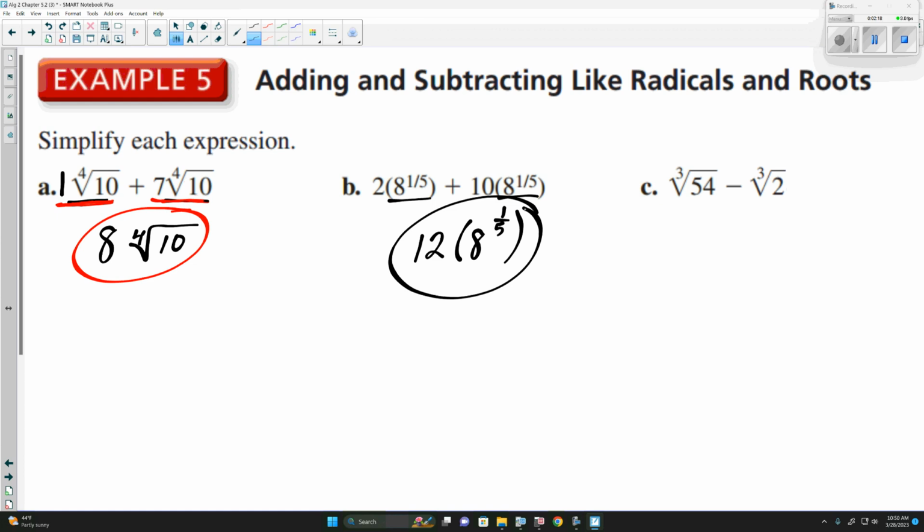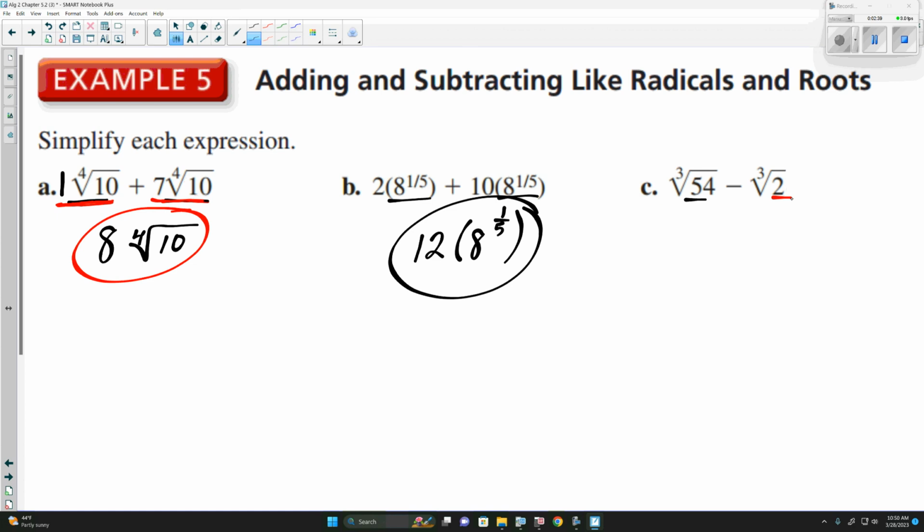Now, again, for us to be able to add or subtract, the roots have to be the same. For C, they are both cubed roots, but the number inside of them has to be the same as well. The first one's 54, and the second one is 2. So that means if we're able to add or subtract one of them, we have to decrease it or rewrite it.